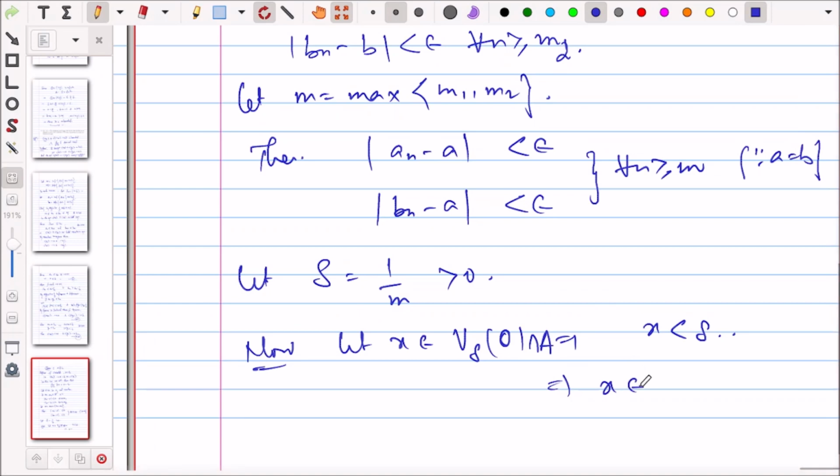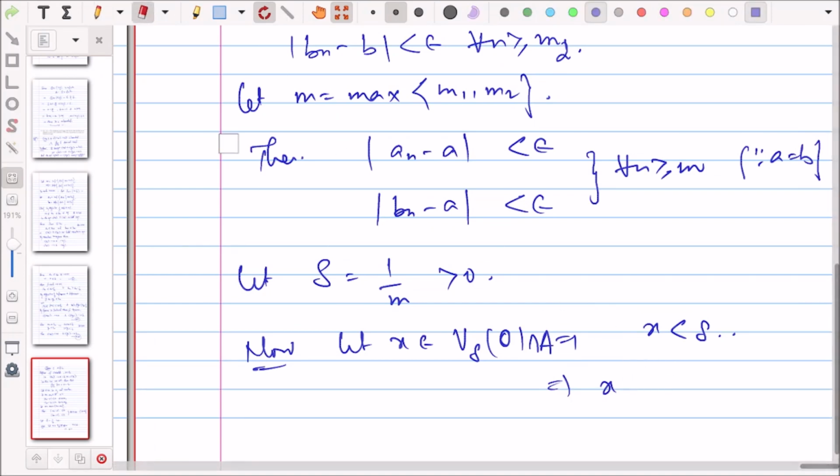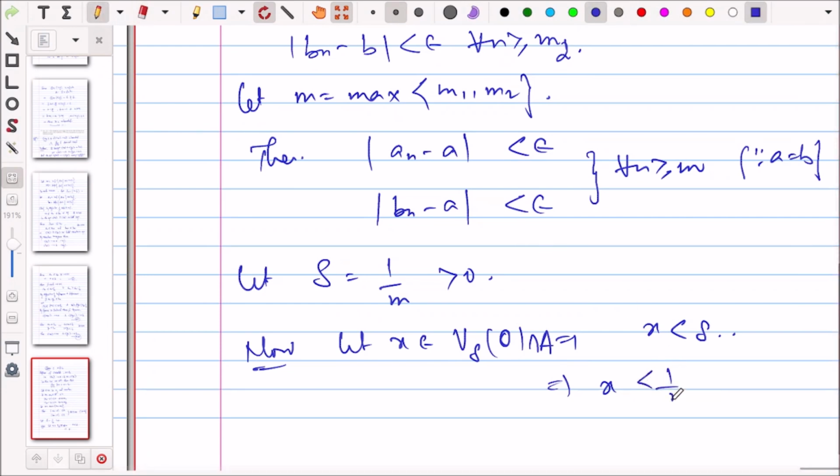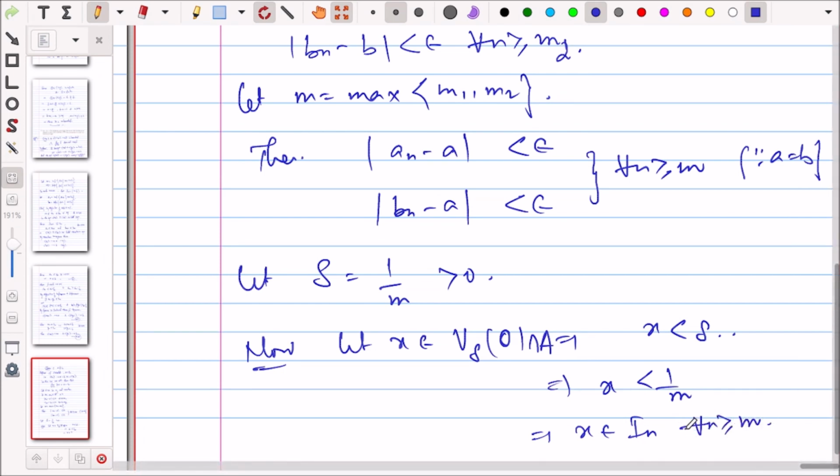This implies x is less than 1 by m, so x belongs to In for all n greater than or equal to m.